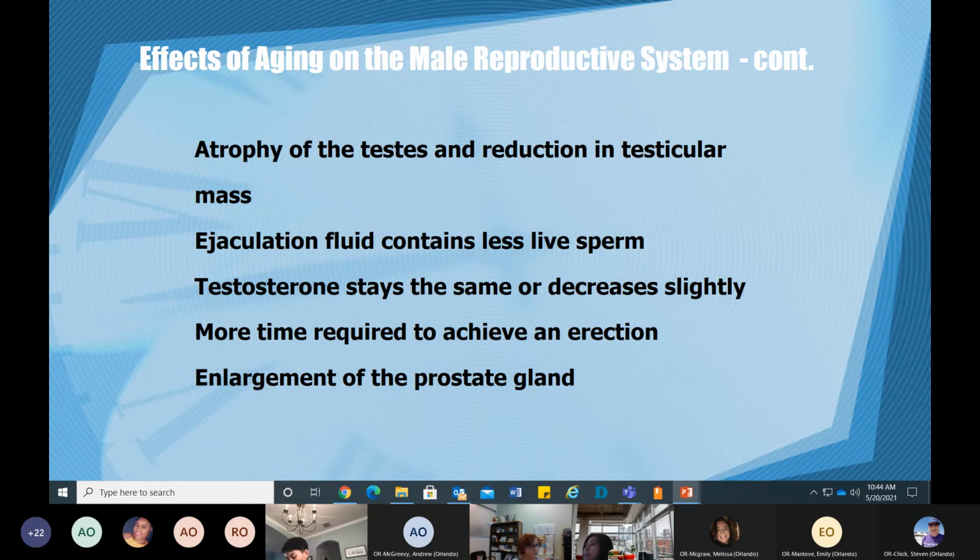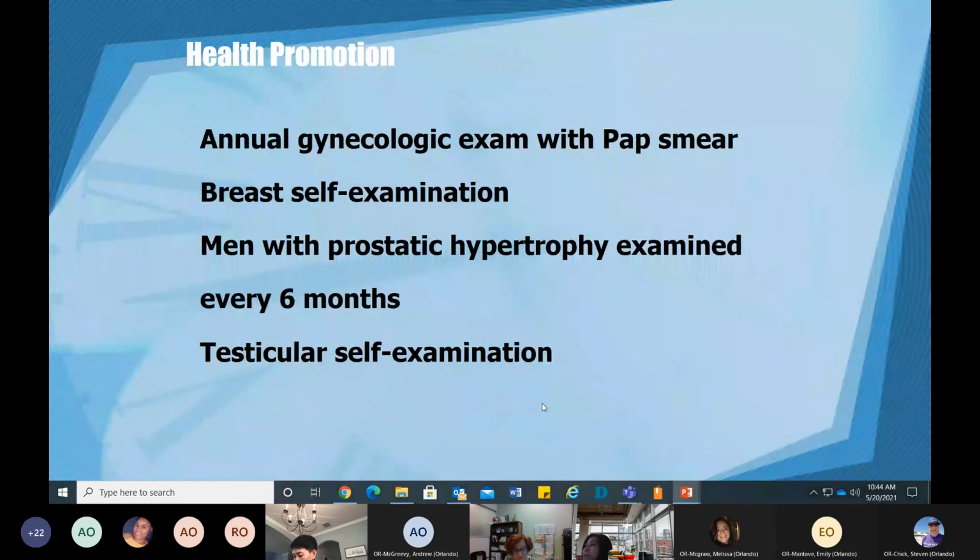Those are the normal changes, but the two abnormal ones are erectile dysfunction, which is considered an abnormal change, and, of course, increased prostate cancer risk. So those are the effects of aging and some of the things that are actually abnormal.